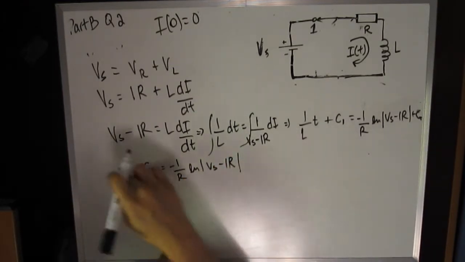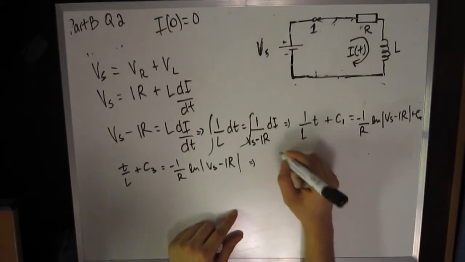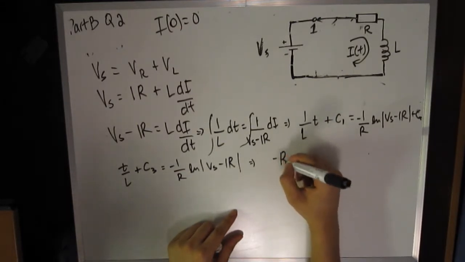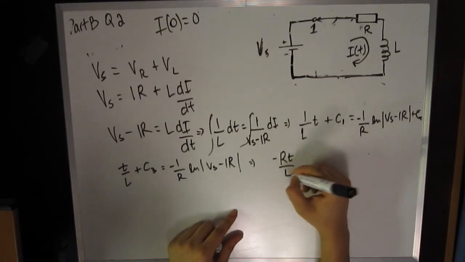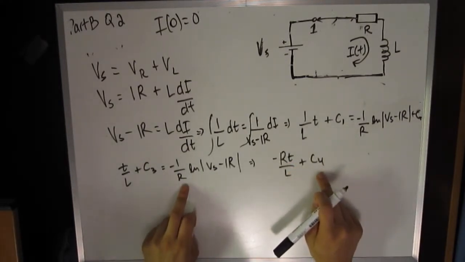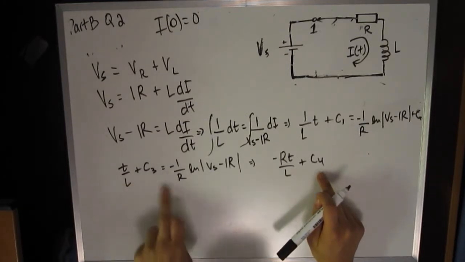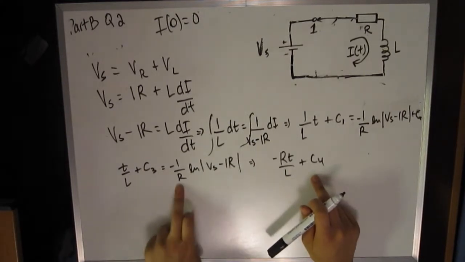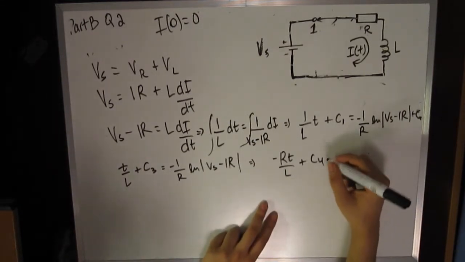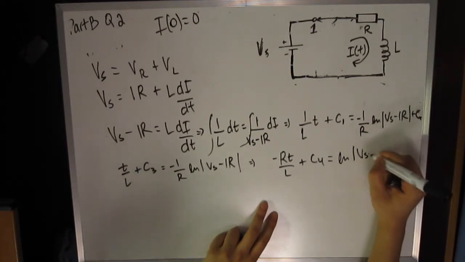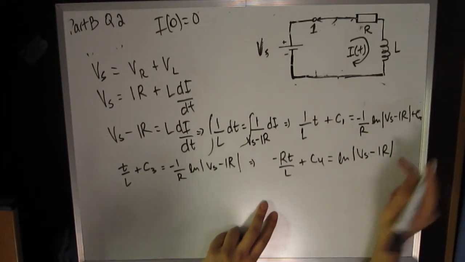You'd probably want to get this r to the other side, so you can get an equation similar to negative RT over L plus C4. I'm just saying C4 because when you multiply both sides by negative r, it'll become negative r times C3, which will get absorbed since it's a constant, to give you a C4. And this is all equal to your ln Vs minus IR in absolute value.